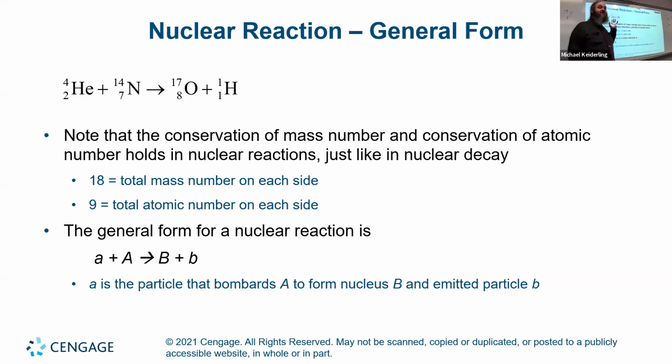Again, mass number is conserved and atomic number is conserved. So the 18 is the total mass number on each side, and 9 is the total atomic number on each side. And the general form of a nuclear reaction is some particle bombards A, and you get B plus some emitting particle b.